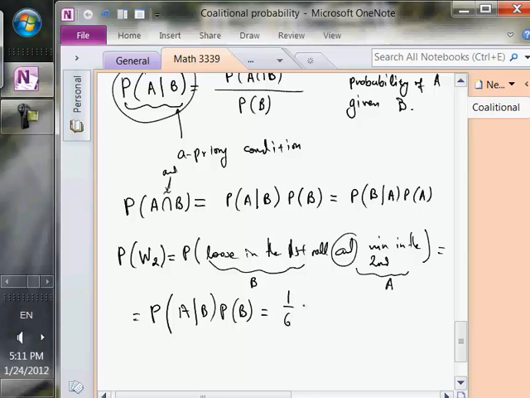What is the probability of B? 5/6. Five over 36, if I'm not wrong. Yeah? 6 times 6 gives 36. Okay?